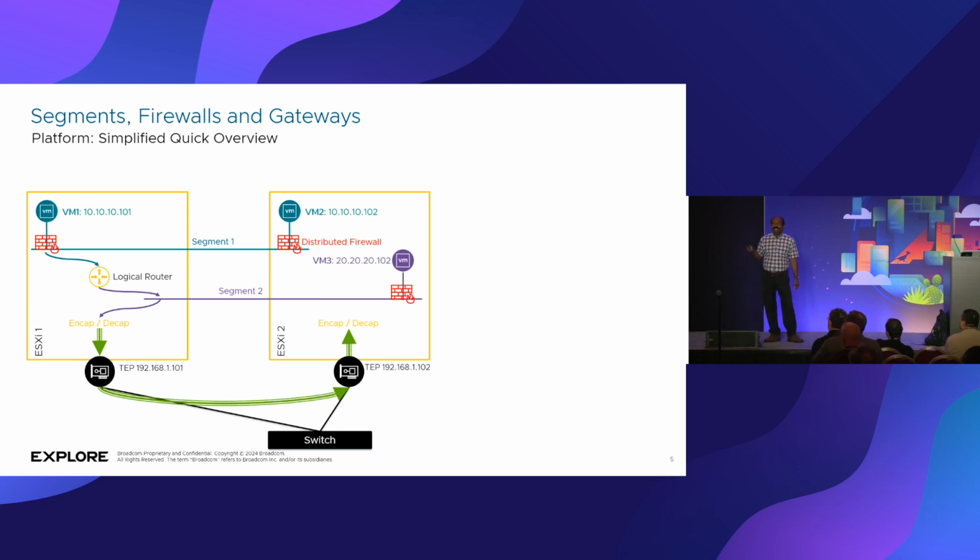You again encapsulate, send it across to the other side, decapsulate on the other side, and send it to the concerned VM. All of this is what we call east-west traffic. That is traffic within the NSX domain, within the ESX hosts in that domain. And sometimes the traffic could be within the host, too.